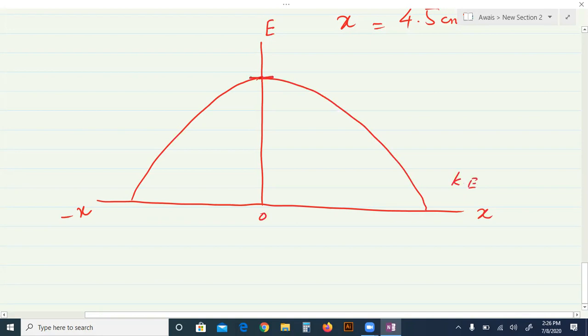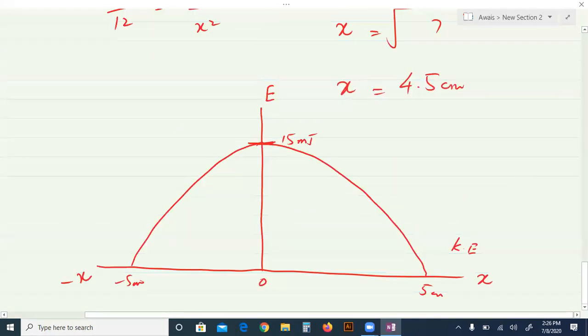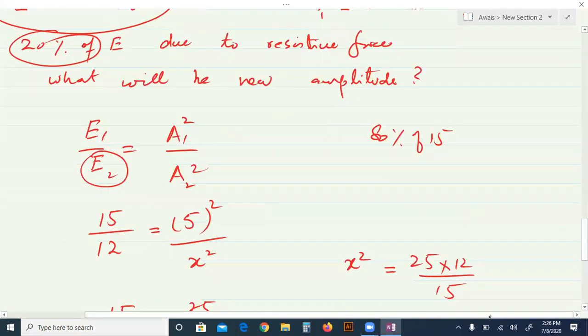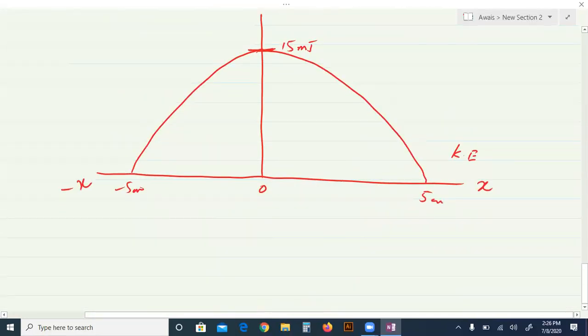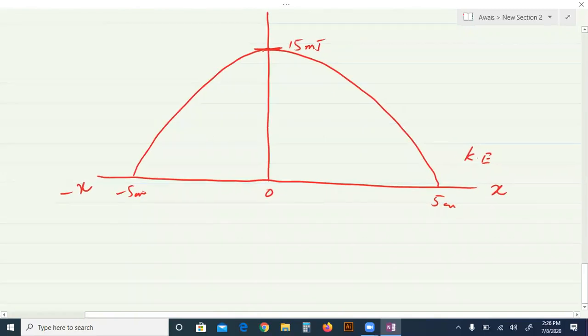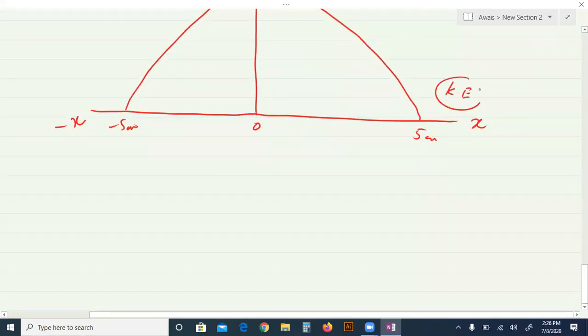This maximum energy is 15 millijoule, and this displacement is 5 centimeter, minus 5 centimeter. And the question is, attempt the same question with the help of this graph. So this is energy. Which energy? Kinetic energy graph. So what is the relation of the kinetic energy with amplitude?